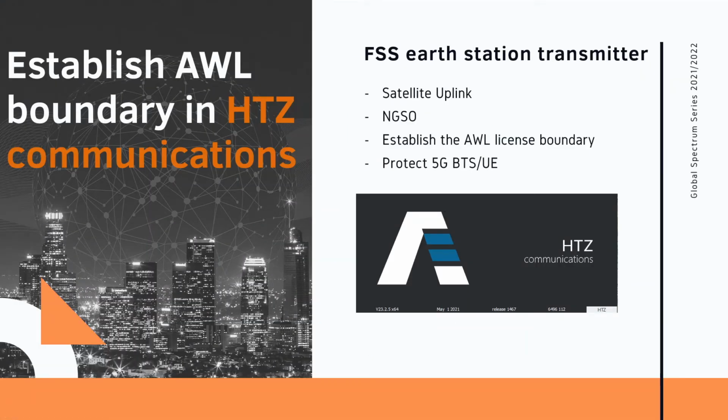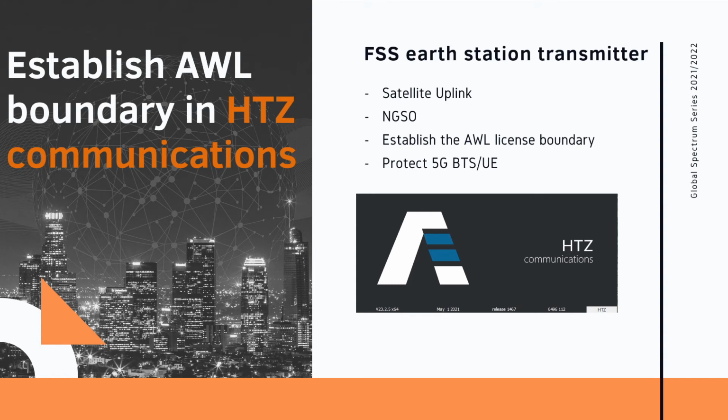Now let us see a real example to better understand the modeling requirements for the establishment of an AWL boundary for the case of FSS Earth station transmitters on the 28 GHz band. In this case study, we have an NGSO, non-geostationary orbit Earth station transmitting on the 28 GHz band, which is also shared with millimeter wave 5G networks in the country and in that band.